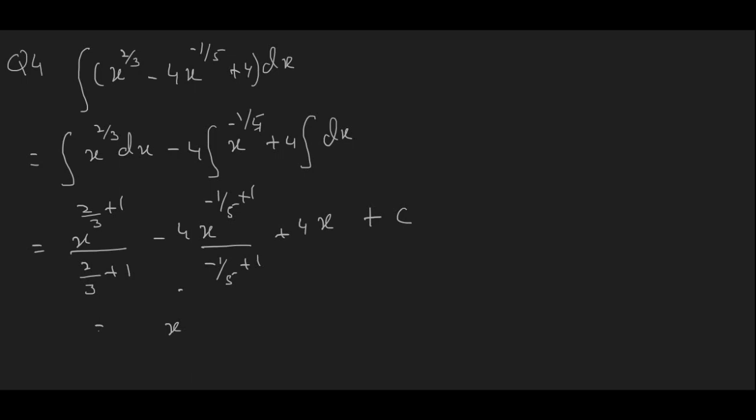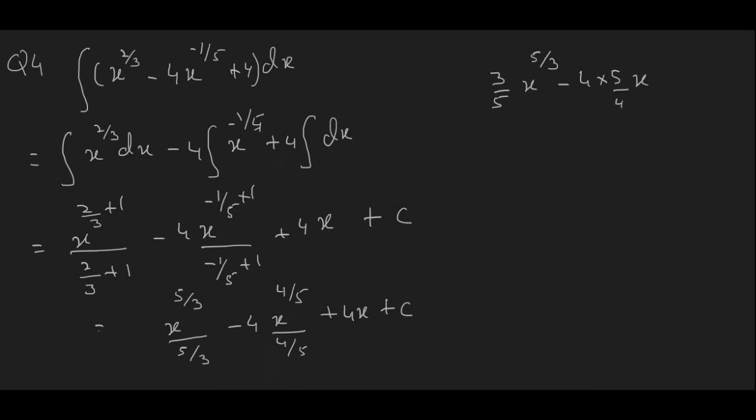X raised to power 5 by 3 over 5 by 3, minus 4 x raised to power 4 by 5 whole divided by 4 by 5, plus 4x plus c, and finally 3 over 5 x raised to power 5 by 3 minus 4 into 5 by 4 x raised to power 4 by 5 plus 4x plus c.